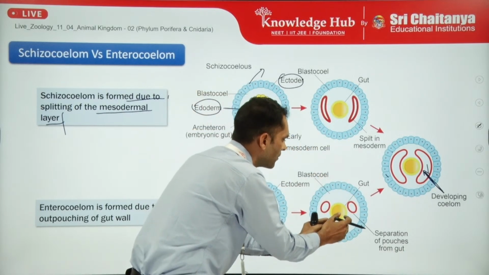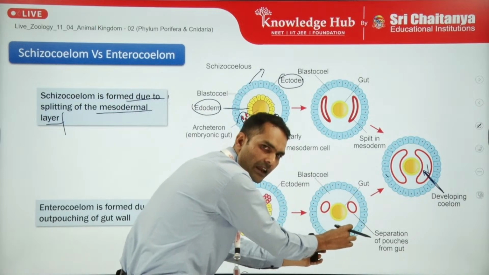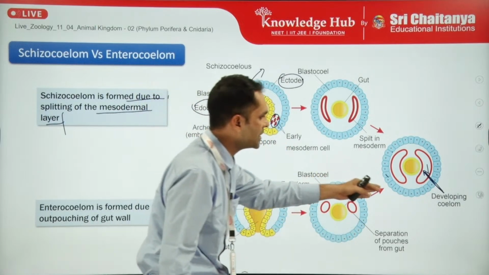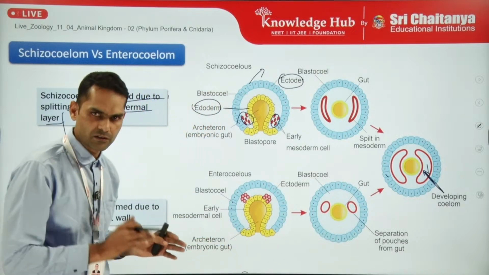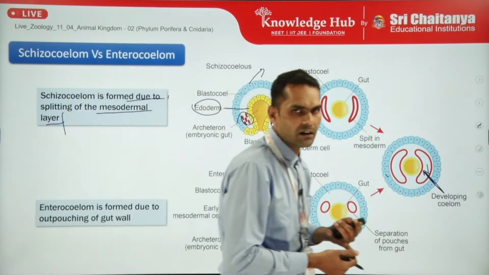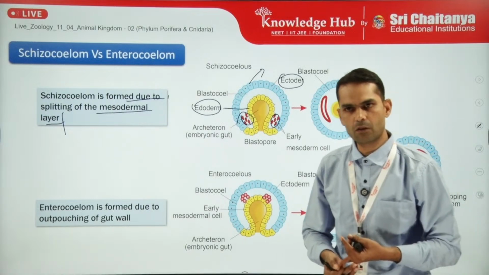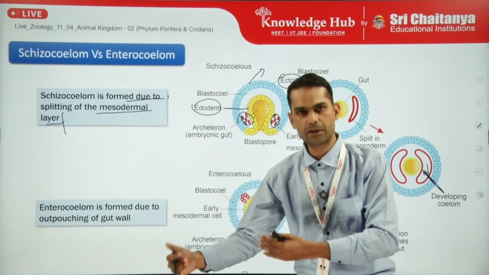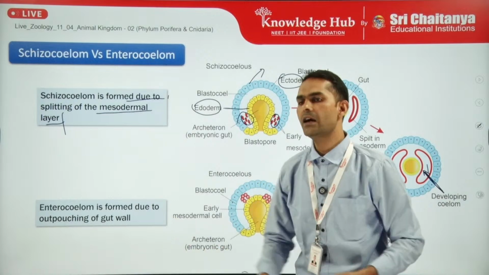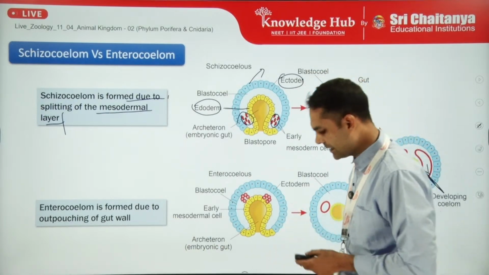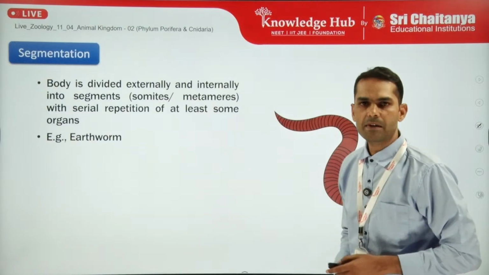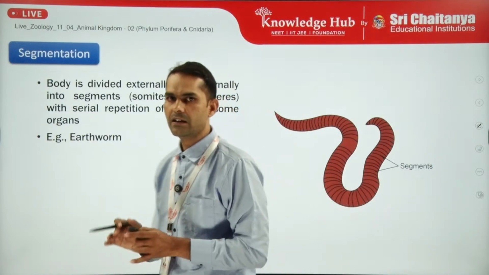They will again form the coelom cavity, which will completely develop into complete coelom cavity. So this method will be called enterocoelom. Either the organism is schizocoelomic, those who are having primitive coelom, and those who are advanced, they will be having enterocoelomic, right?